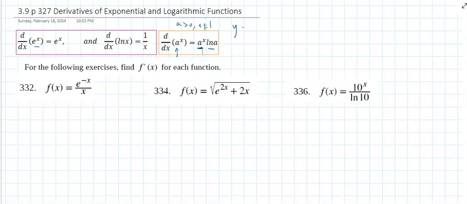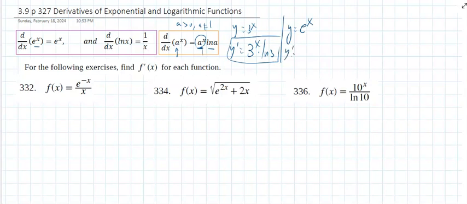So if I had y equals 3 to the x, the derivative will be 3 to the x, which is the exponential, times the natural log of the base. And it turns out a special case is the natural exponential, which is the exponential with the base of e.